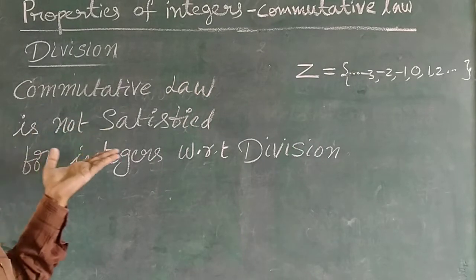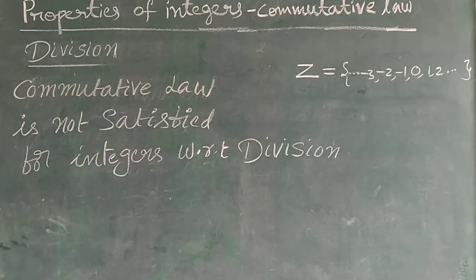So the commutative law is not satisfied for integers with respect to division.